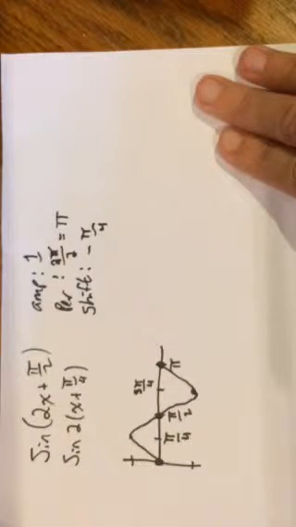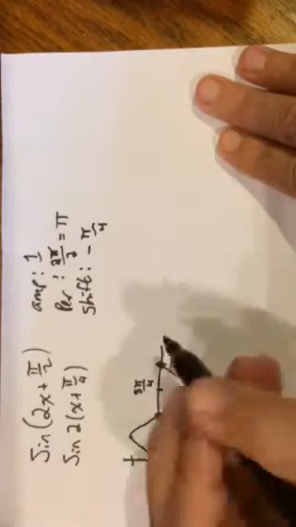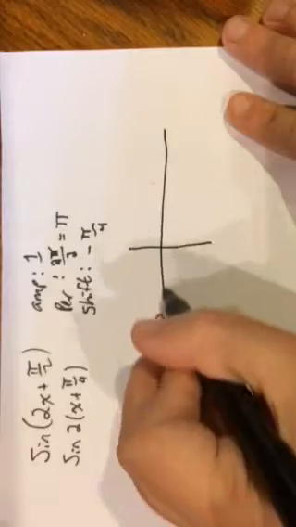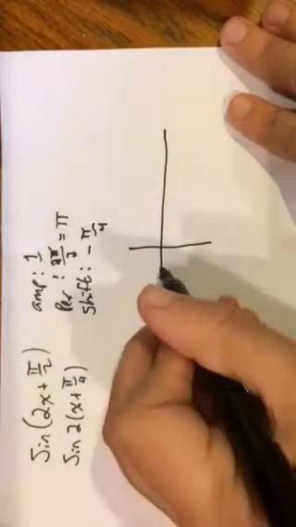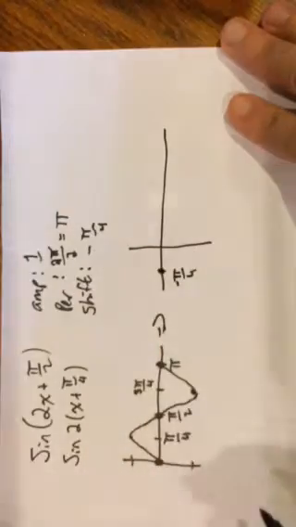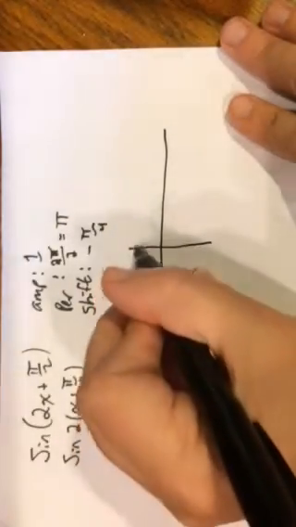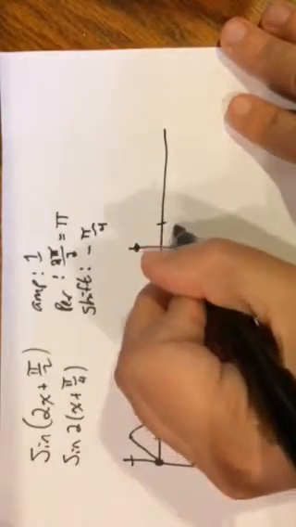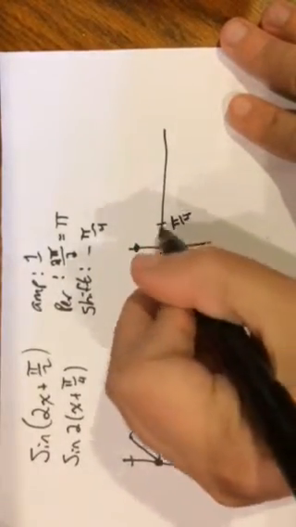So now, if I'm just shifting left pi over 4, I'm really just subtracting pi over 4 from every one of these points. So instead of 0, it's going to start off at negative pi over 4. Instead of hitting 1 at pi over 4, it's going to hit 1 at 0. Subtract pi over 4. It's going to hit 0 at positive pi over 4.